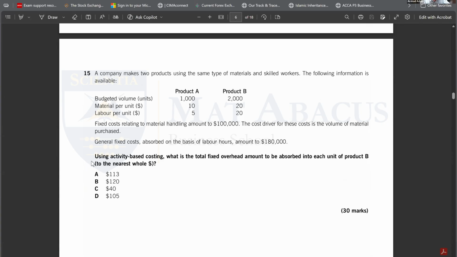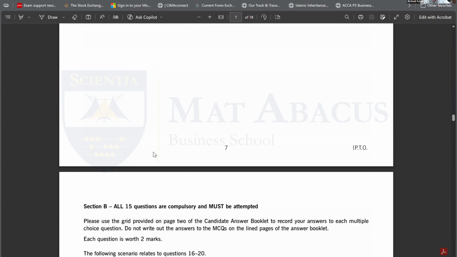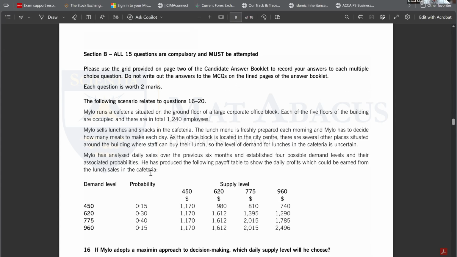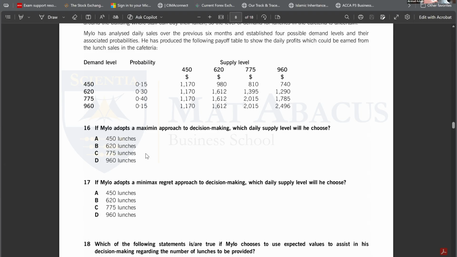So for you to answer this question using activity-based costing, what is the total fixed overhead? You need to read this initial information about the situation. In section B, we give you the initial situation in form of a very short scenario. And this short scenario has all the information for you to do 5 short multiple task questions.